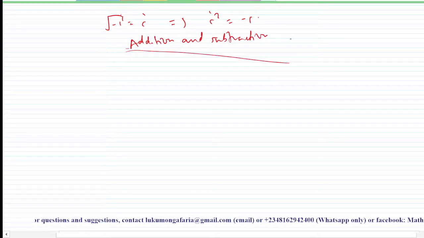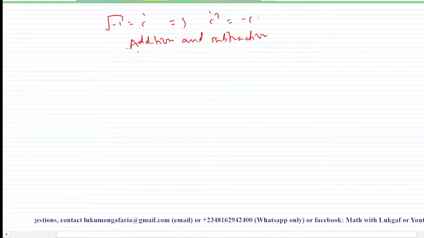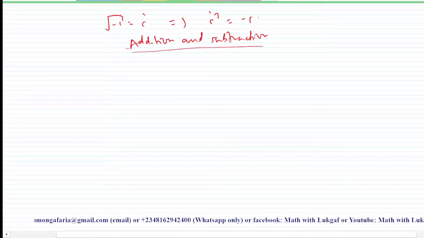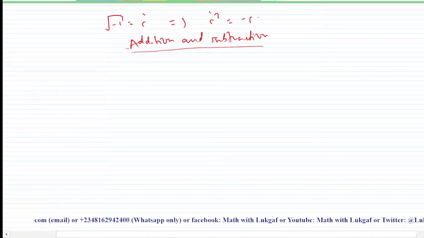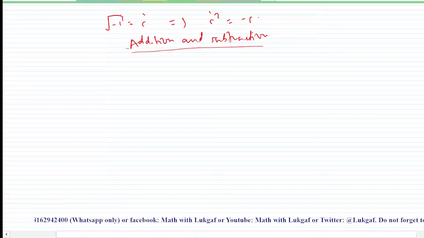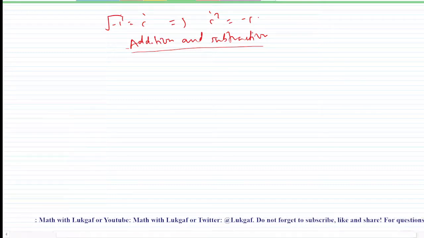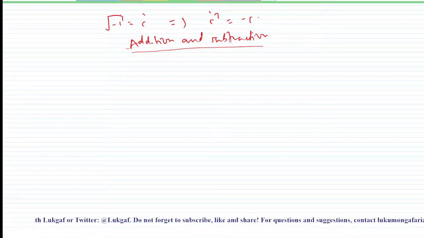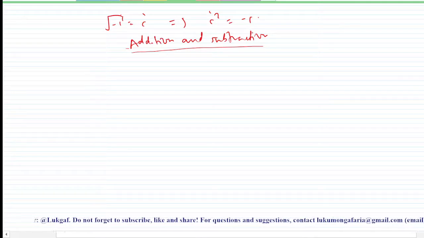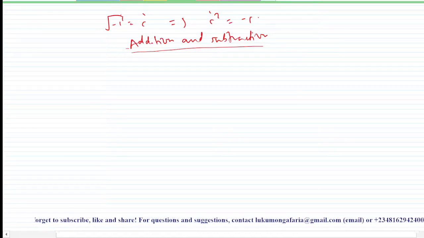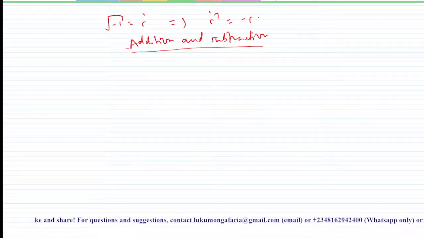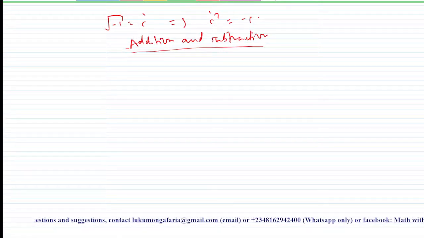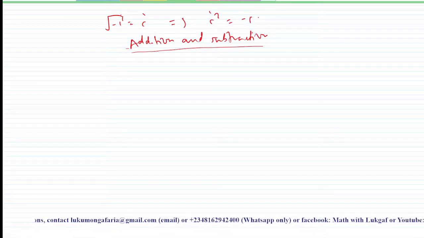Addition and subtraction of complex numbers is very close to what you do with whole numbers, but the difference is that if you are adding two complex numbers together, you must combine the real part with the real part, and the imaginary with the imaginary.